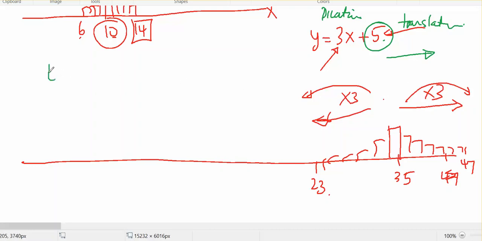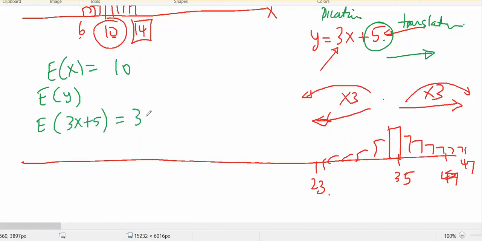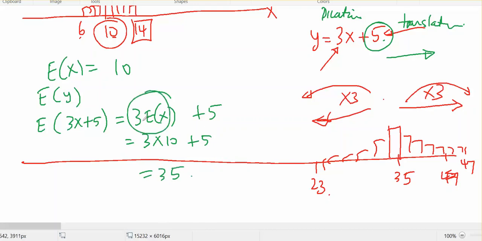So if the expected value of x is 10, then I'd expect the expected value of y to equal the expected value of 3x plus 5, which will be 3 times the expected value of x plus 5. 3 times 10 plus 5, 35. I triple my expected value, then I add 5. I triple my largest value, then I add 5.